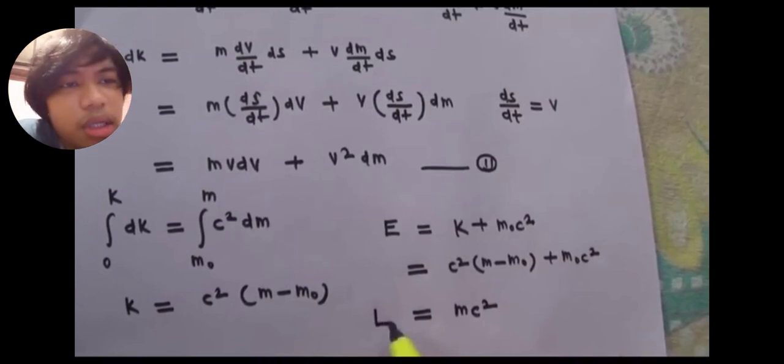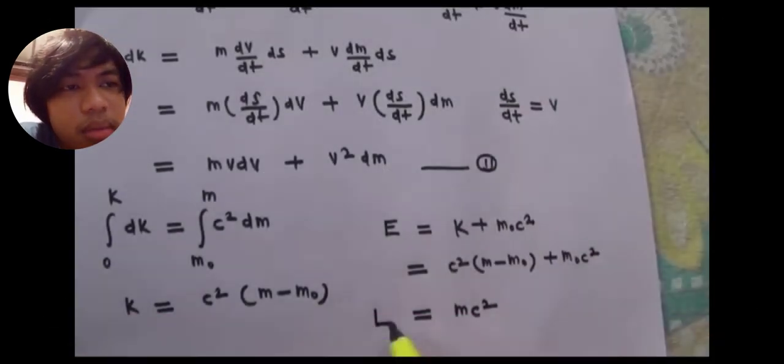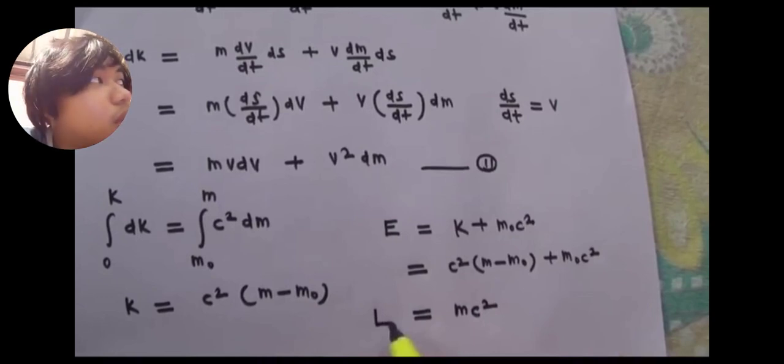I don't understand why E is equal to the kinetic energy plus the product of the initial mass times the speed of light squared. Where did you get this m sub 0 c squared?